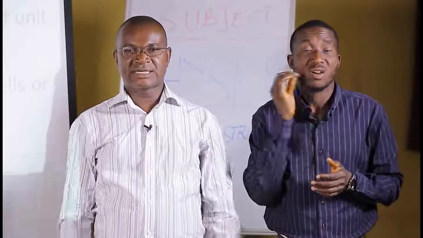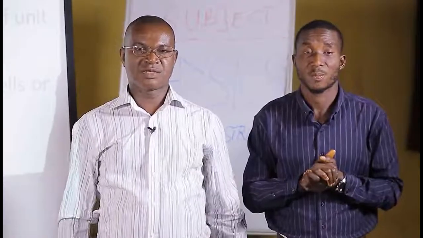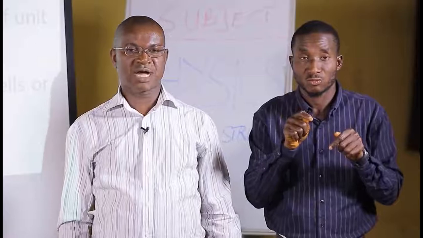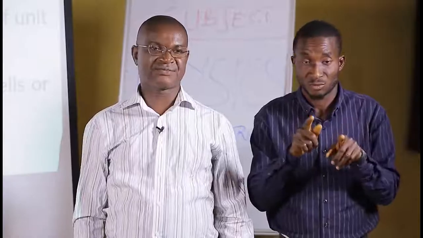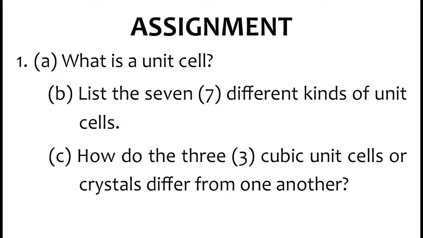An assignment is here for you to go through and keep yourself busy as you stay safe and keep learning. Assignment number 1A: what is a unit cell? B: list the 7 different kinds of unit cells. Number 1C: how do the 3 cubic unit cells or crystals differ from one another?